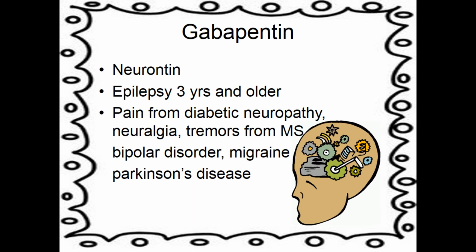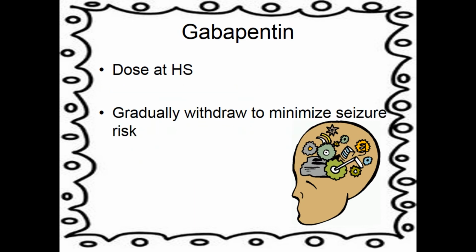So it's got many, many uses. It's best that you take Neurontin or Gabapentin at bedtime to decrease the side effects, and then gradually withdraw, because if you withdraw this one quickly and don't taper, then you can actually cause seizures to happen.